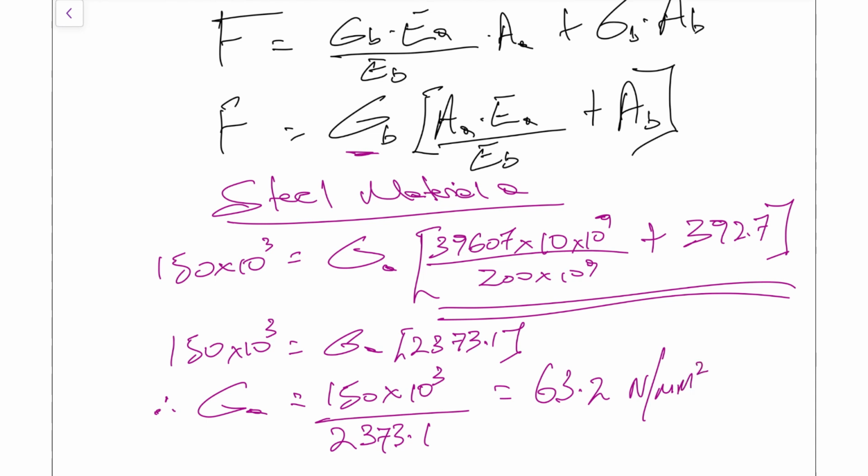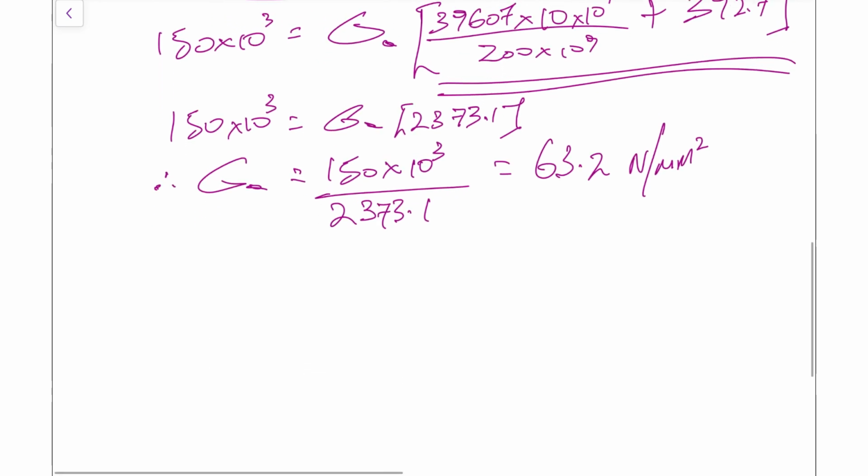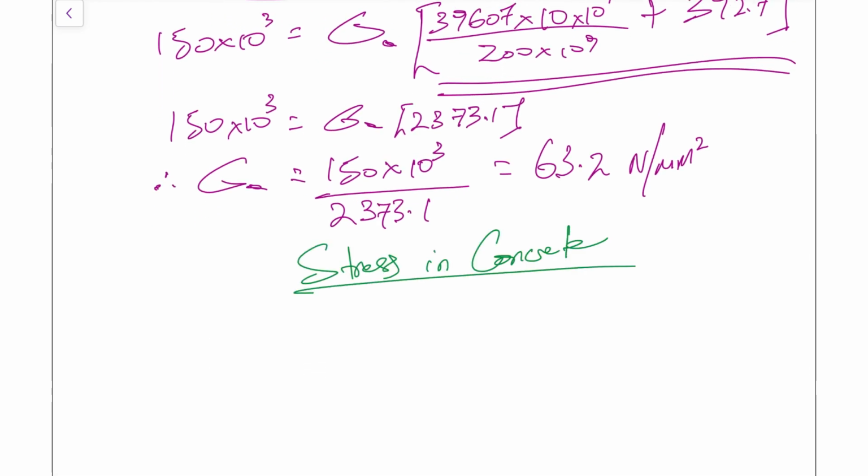So what's going to happen now, we're going to repeat the same process to find out what the stress is for material B. So let's do that now, and this one will be as straightforward. We're going to use the same formula to do that. So stress for material B, that's our concrete.